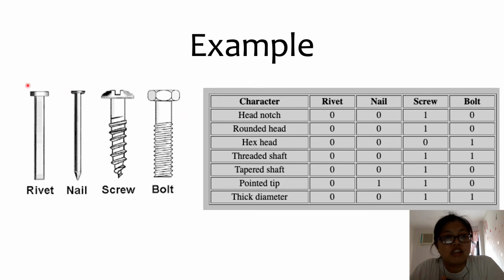Okay, not rounded head because it's flat. Doesn't have hex head. Doesn't have threaded shaft, tapered shaft, pointed tip, and it's not thick in diameter. Now let's go to the nail. Among the character, only the present is the pointed tip. For the screw, all are present except for the hex head. Of course, it has rounded head.